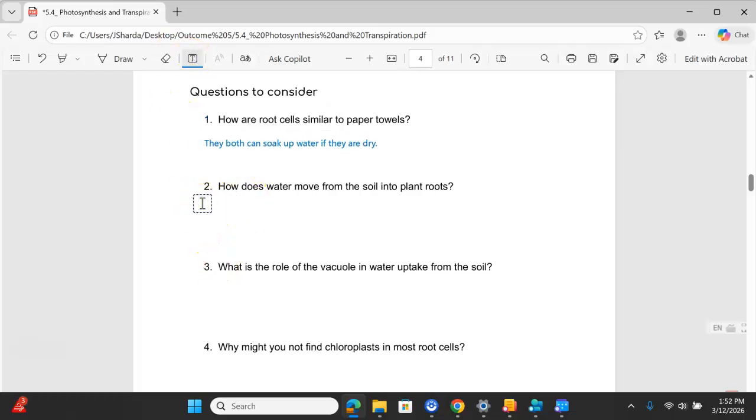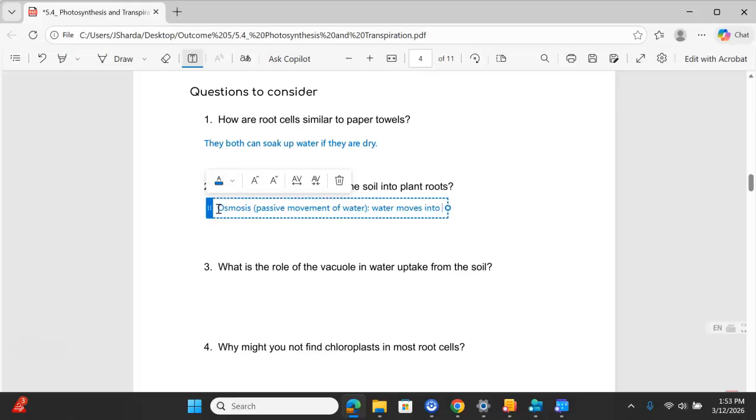How does water move from the soil into plant roots? If it makes sense to you, hopefully it does. Osmosis. Passive movement of water. And you could even say water moves into the root cell vacuole from the soil.